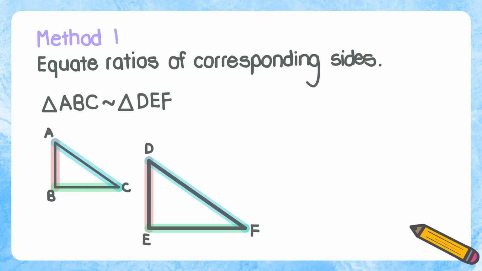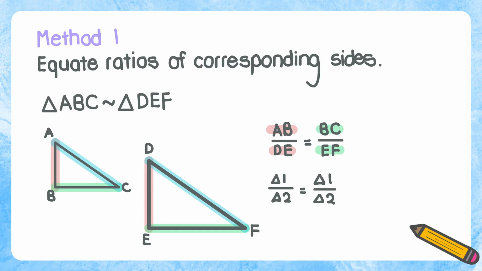From here, we can set up a proportion equating ratios of corresponding sides. We would have, for example, side AB over side DE equals side BC over side EF. So on the left side, we have one pair of corresponding sides, and on the right side, we have another pair of corresponding sides. So although this isn't really a formal way of writing this out, hopefully it serves as a good memorization tool.